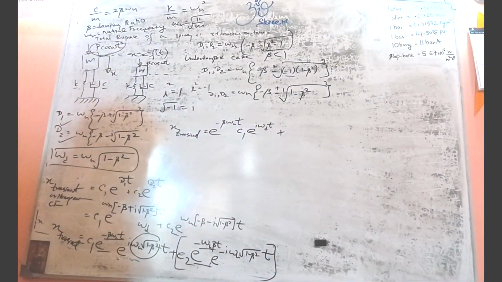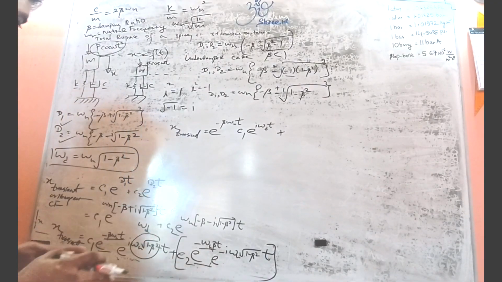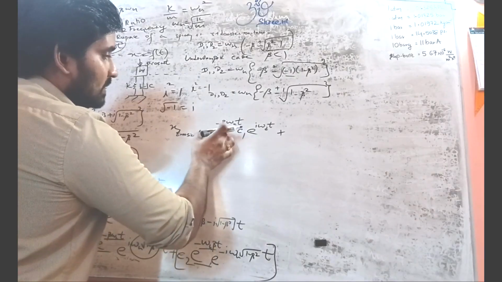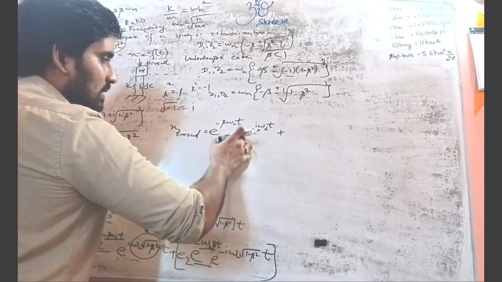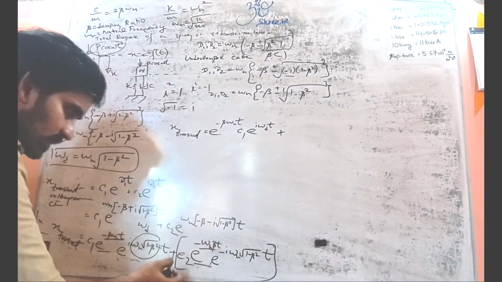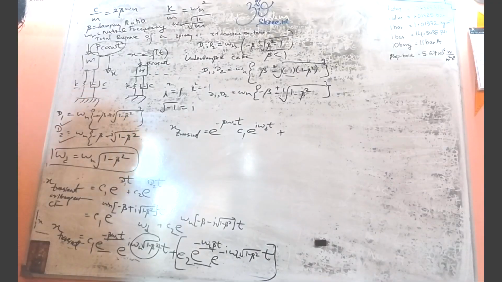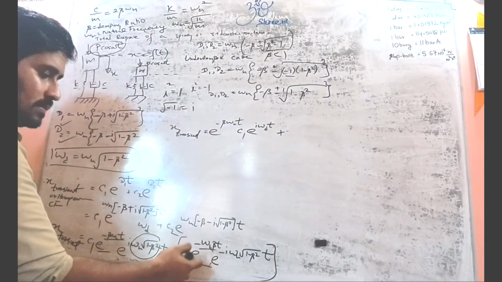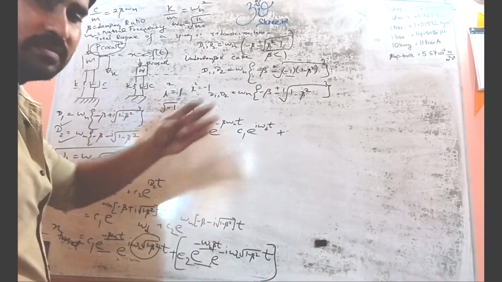Plus, I will write this separately again, so that it is easy. e to the power minus beta omega n t times that constant will be there. Then let's consider the other part. There also we have this part. You can take it as a factor, but I will write it separately again.